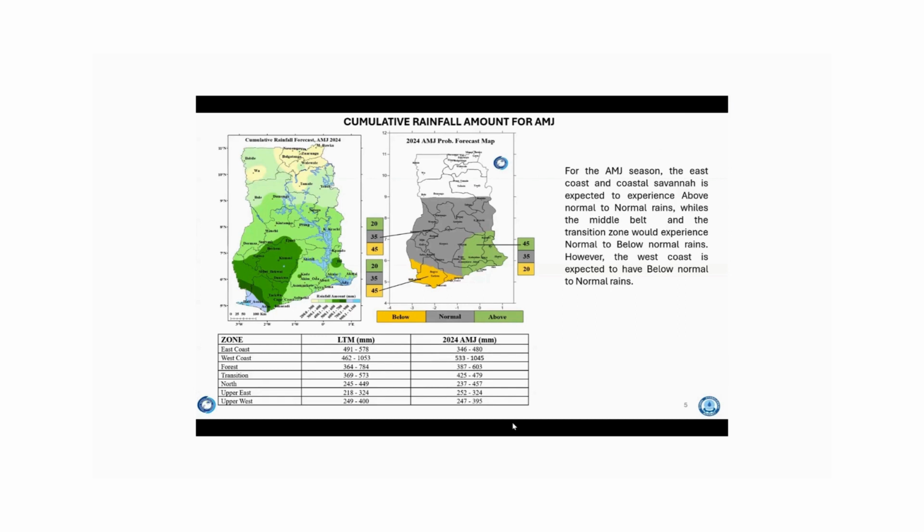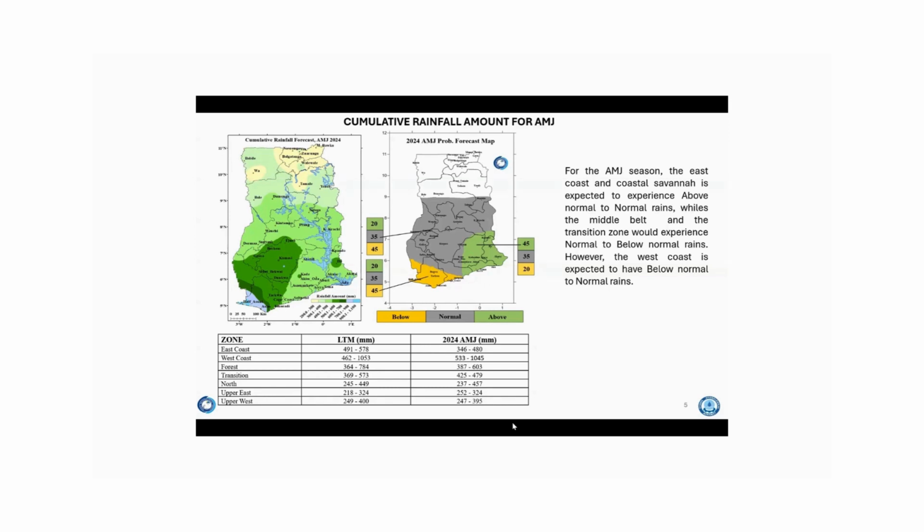The forest zone, we are saying that we expect them to get 387 to 603. And then the transition 425 to 479. Within that time, in the northern region, the rain has started. But then it has not reached established rainfall amount.